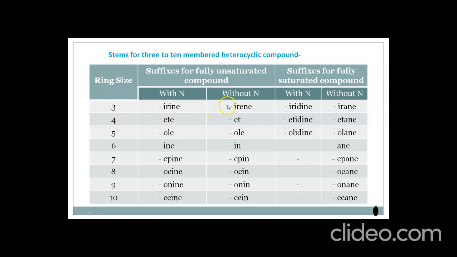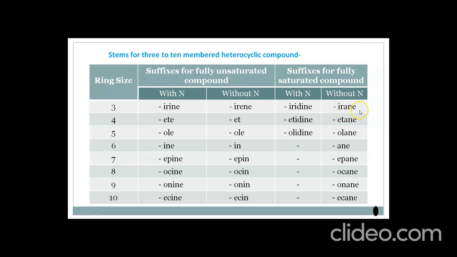If it is an unsaturated 3-member ring without nitrogen, we use irene. But if it is saturated with nitrogen, then we use iridine.